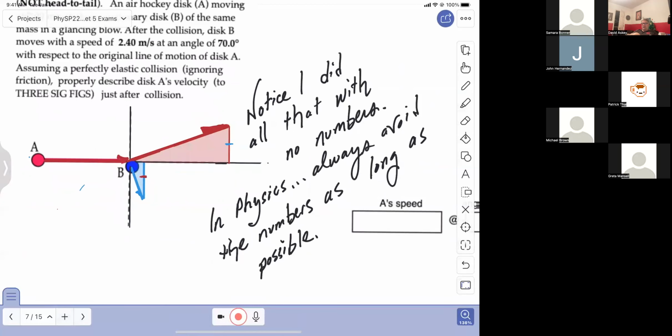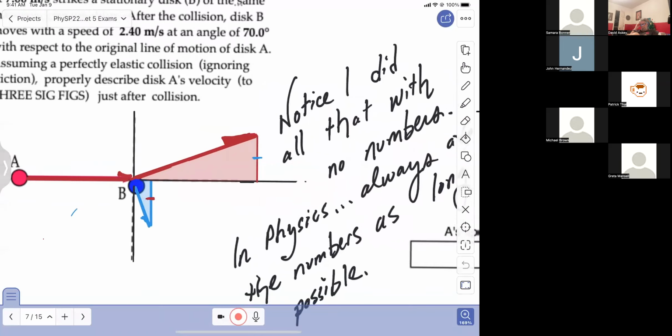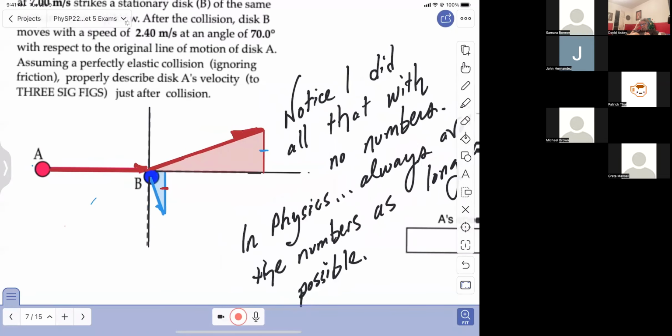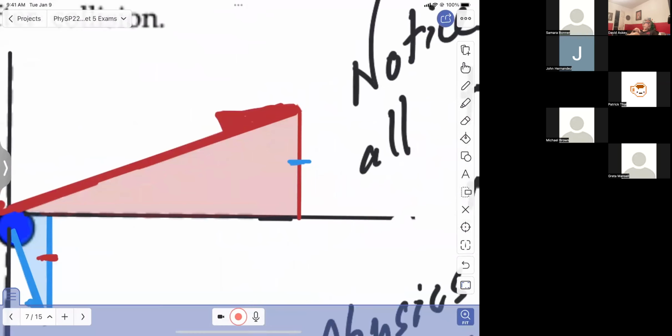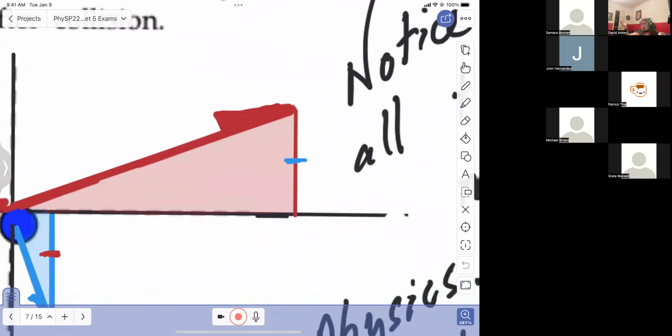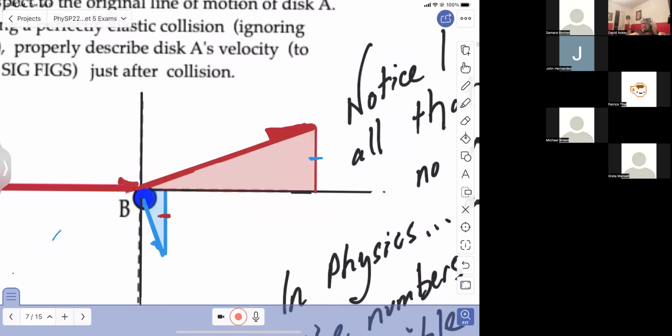Notice I did all that without putting any numbers in here. How did I know how long to make that red arrow, this hypotenuse? Why isn't it half that long? Why is it that long?